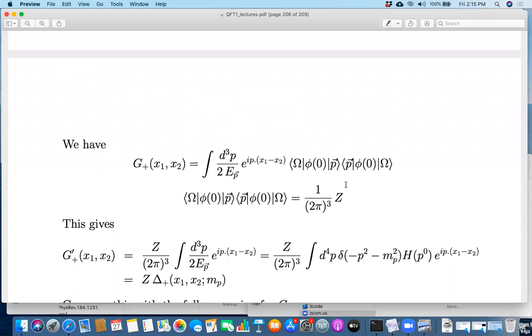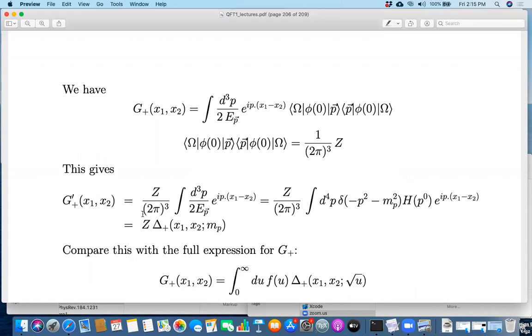So G prime plus has this expression. And you also have seen in the last slide that this combination is a constant, which I am parameterizing as 1 over 2 pi cubed times Z. So if you substitute this, we get G prime plus as Z over 2 pi cubed times this integral. This whole complicated object just becomes a constant, Z over 2 pi cubed, and you can take it out of the integral.